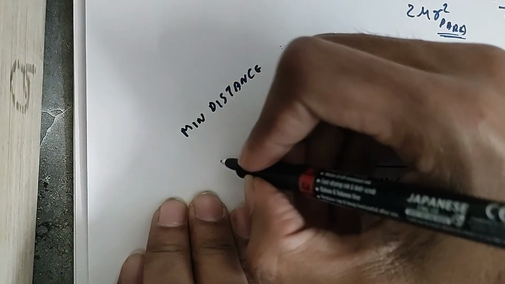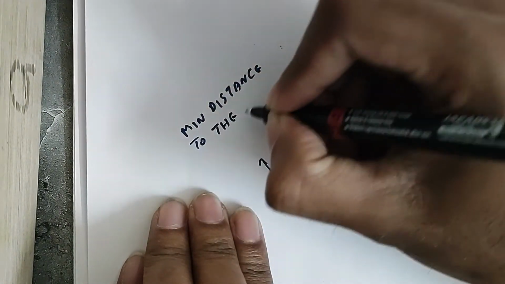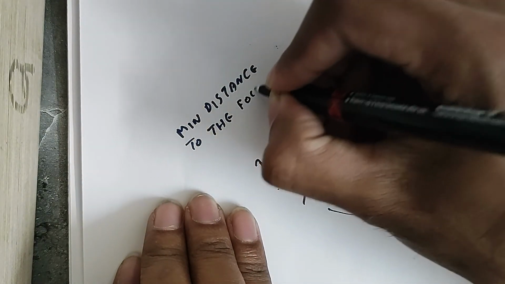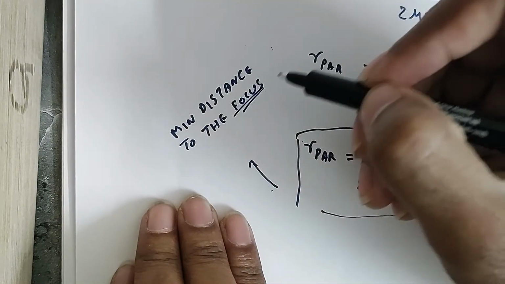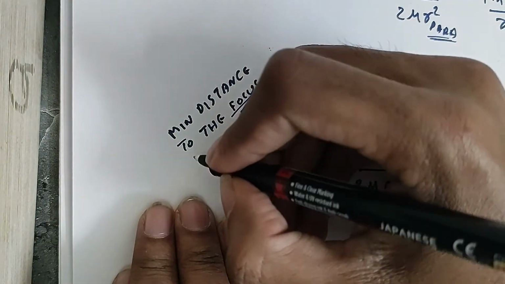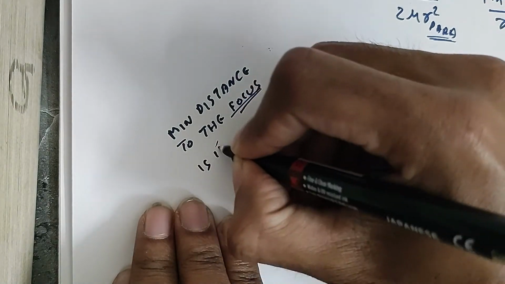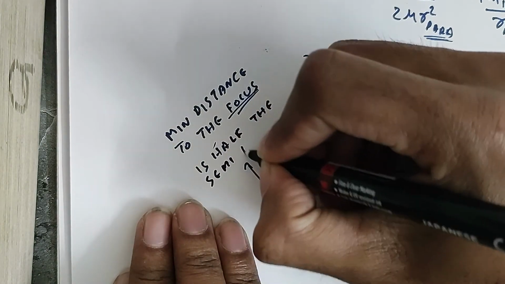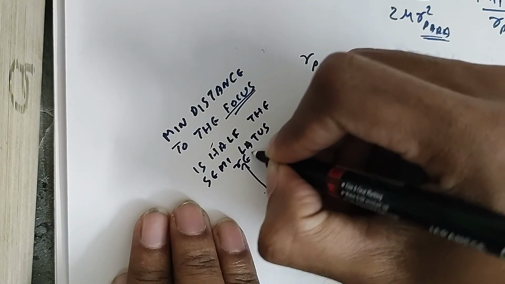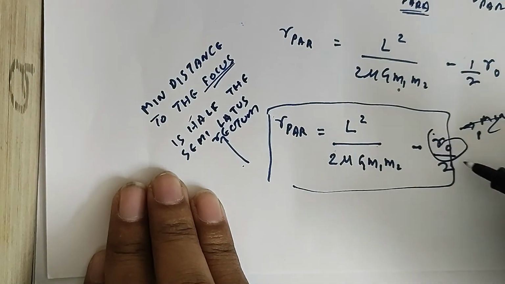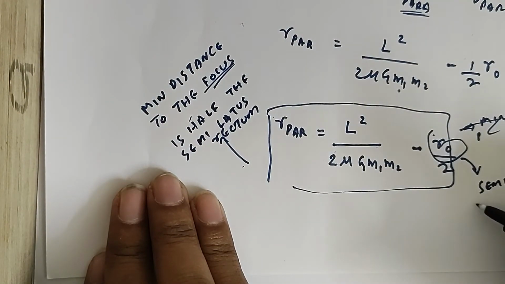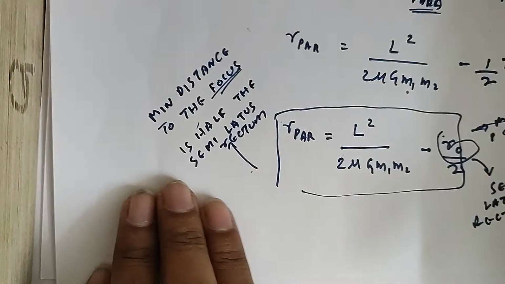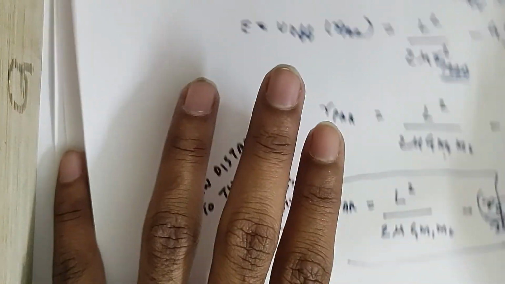The minimum distance to the origin, but since we are dealing with a kind of foci, foci is plural, is half the semi latus rectum, because R naught corresponds to what is called the semi latus rectum, as we defined this term from way earlier.